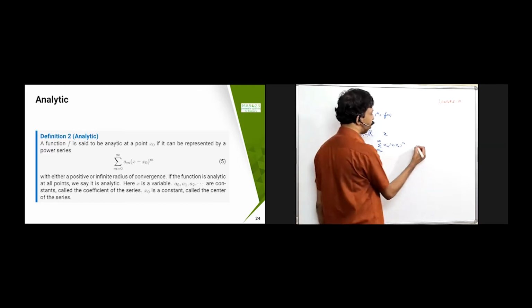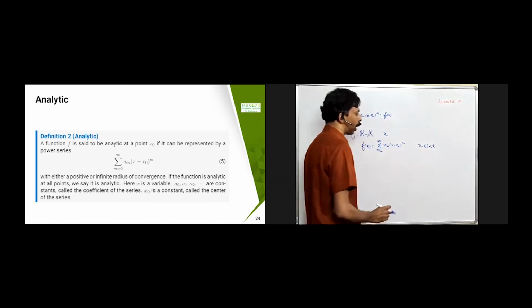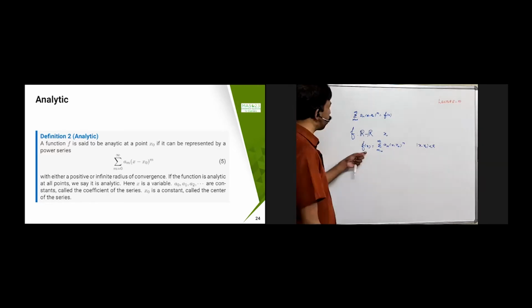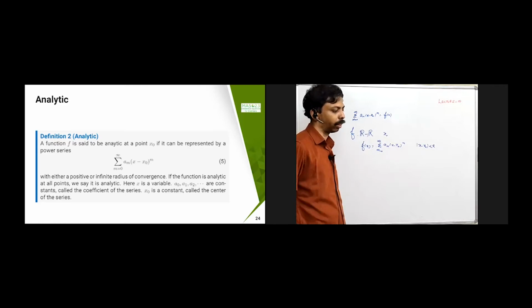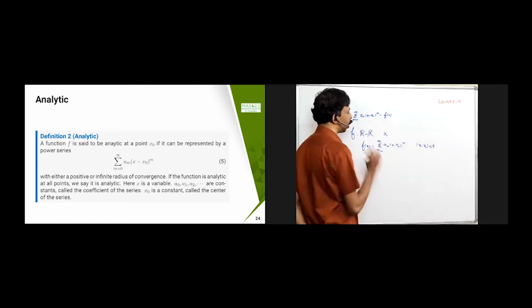That means I need |x minus x naught| less than r, and this r should be positive. So we have at least some positive radius of convergence, or an infinite radius of convergence. In that case, we say the function f is analytic at that point, only at x naught.